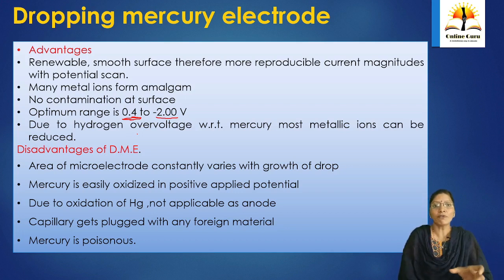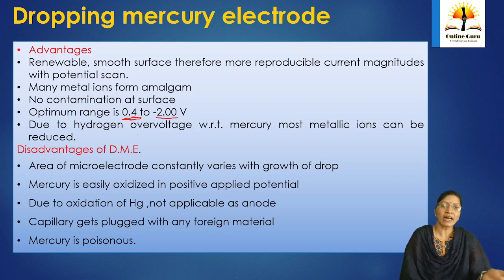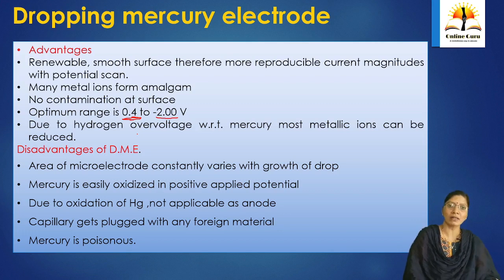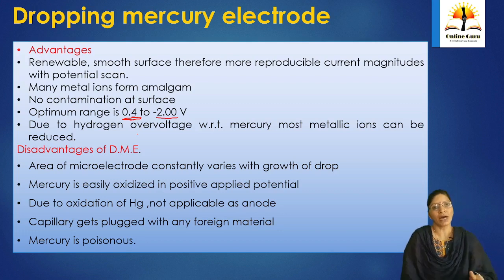So it forms an oxidative wave itself, and that's why, instead of an anion getting oxidized, mercury itself is getting oxidized from the electrode, and that's why it cannot be applied as the anode. So it has a limitation to apply as anode in the positive direction.